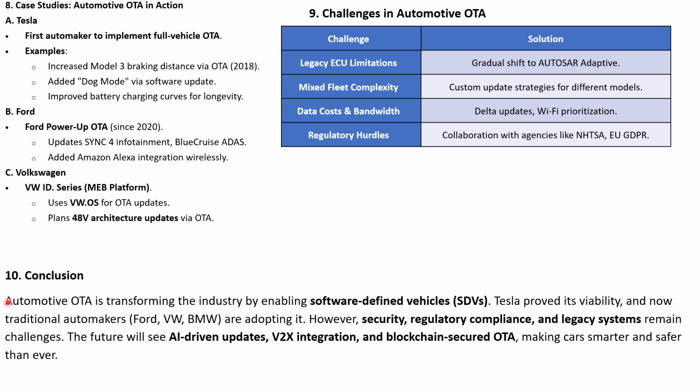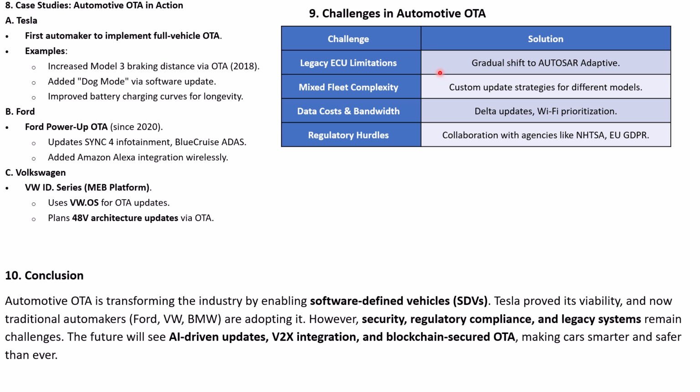Now coming to the conclusion, let's see the challenges in automotive OTA. Which are the main challenges? Legacy ECU limitations, because of the gradual shift to AUTOSAR Adaptive; even now there are some old school ECUs which are not using AUTOSAR, and in such cases OTA is extremely difficult.